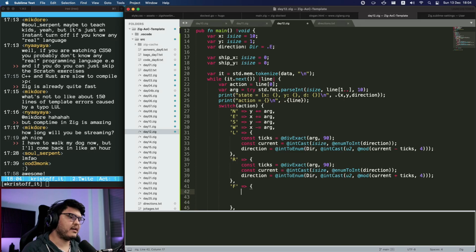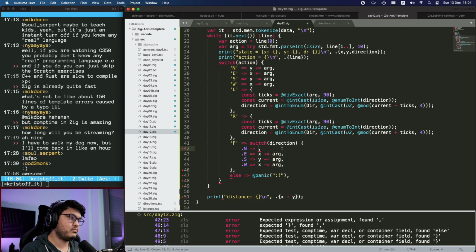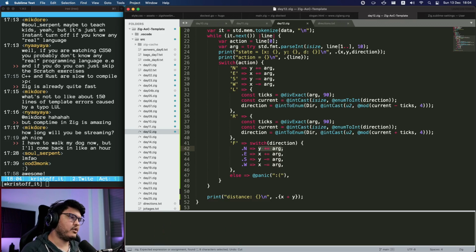So what do we do in F? In F, we need to move the ship and the waypoint at the same time. So you know what? Wait. Can we really just do this? Well, no, it's not the same thing anymore with the arc.